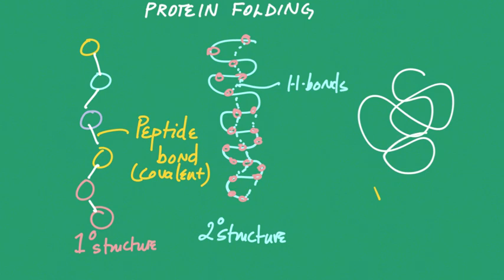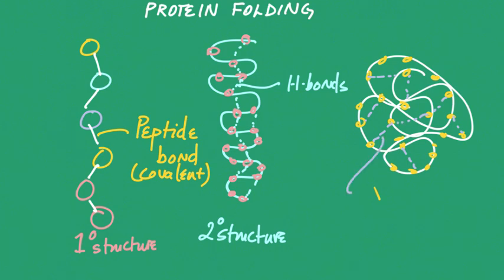The next level is the tertiary structure, and an example of this would be lactase. Lactase exists in this form, in the tertiary form, and its shape is extremely important for it to carry out its function. This tertiary structure is held together by interactions between the R groups that we mentioned earlier and hydrogen bonds.